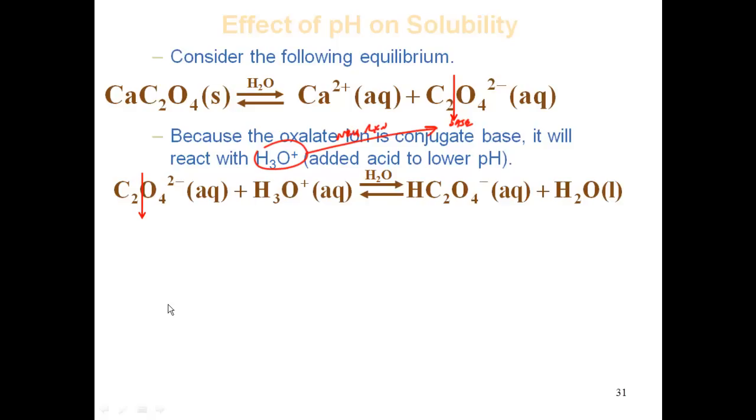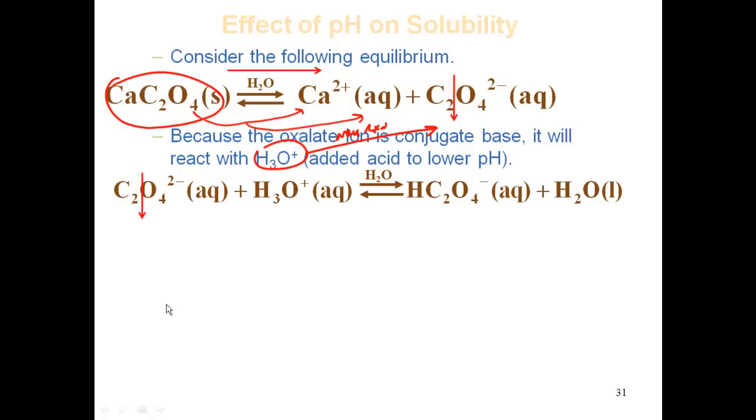So while that's going down, it's going to be affecting the concentration of my oxalate in my equilibrium. Well, if I'm at equilibrium and now I'm pulling off some oxalate by reacting it with the hydronium, that acid I added, then which way is this reaction going to have to shift? It has to shift to the right. When it shifts to the right, that means that more of that solid is going to break up into ions, which means the molar solubility of that calcium oxalate has to be going up or down.